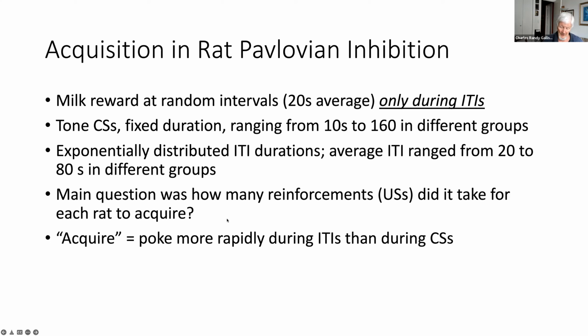As usual, we're doing this rat by rat, not group averages. There should be a general ban on group averages in work on associative learning and timing. And acquire in this case means, when do they begin to poke more rapidly during the ITIs than they do during the CSs?